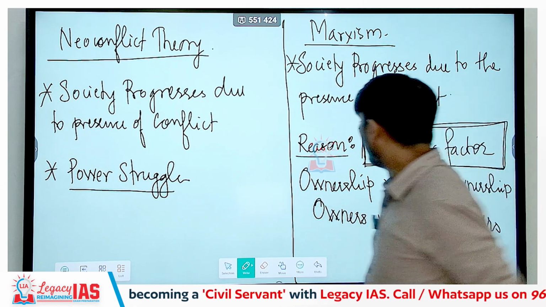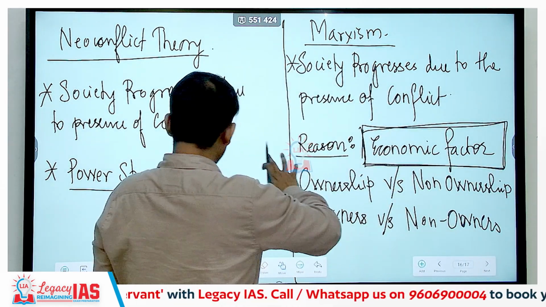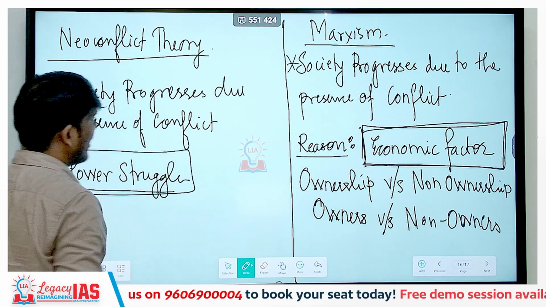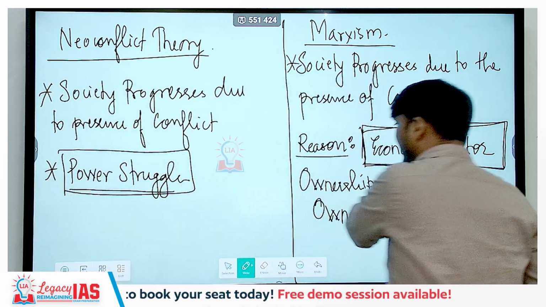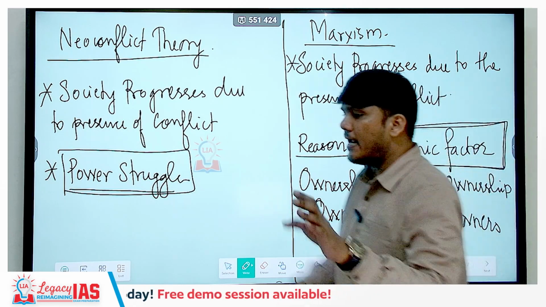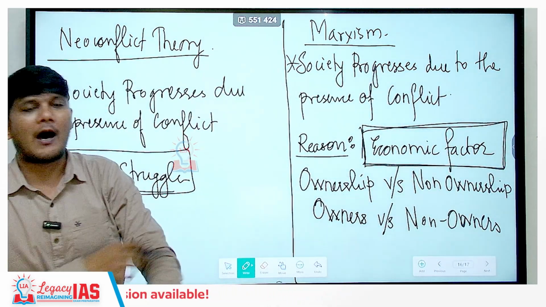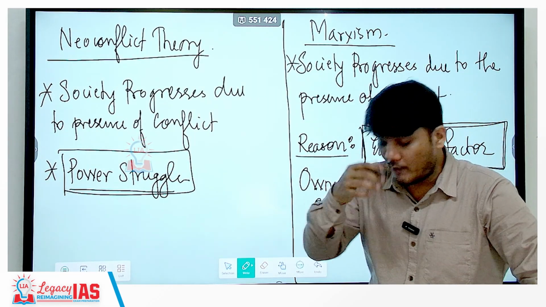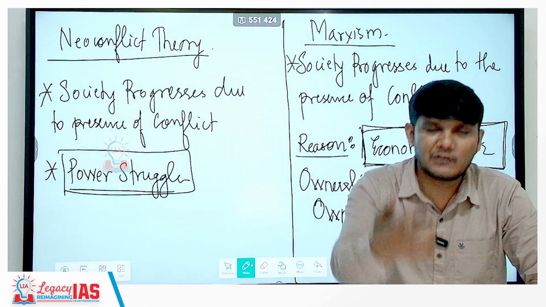So having said that, here what was the reason? The reason was economic factor. Here the reason is the power struggle, and the power struggle is not limited to the economic factor. It can be any different kind of power struggle. It can be due to, let's say, for example, political power, for example, physical power.